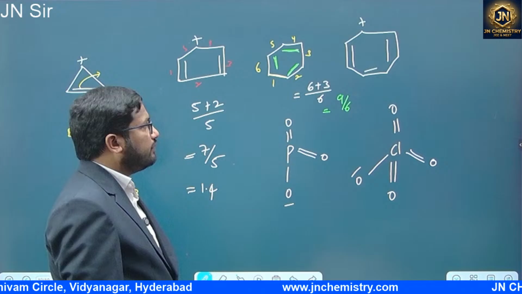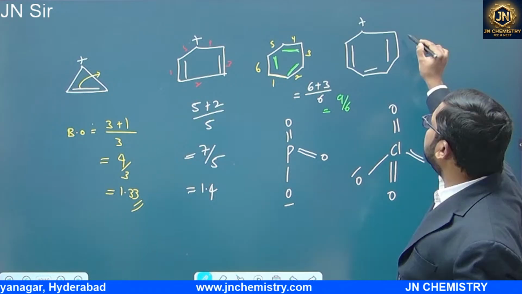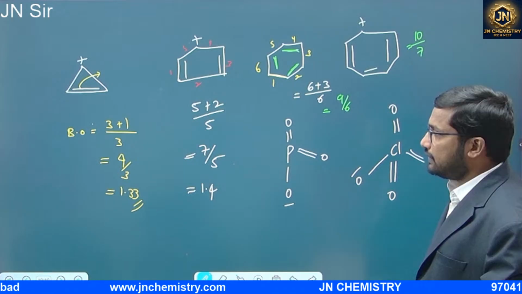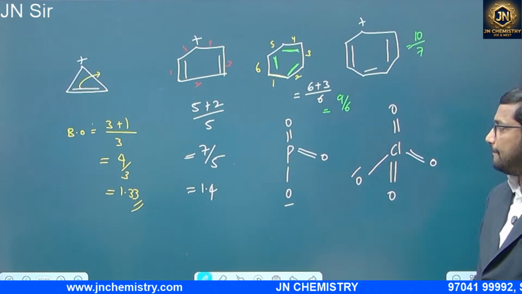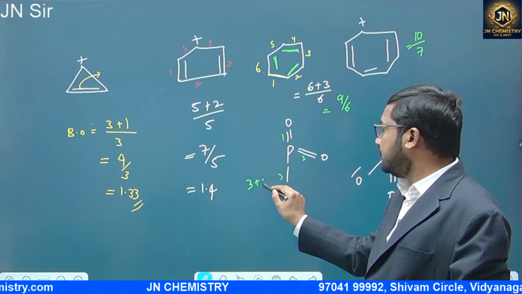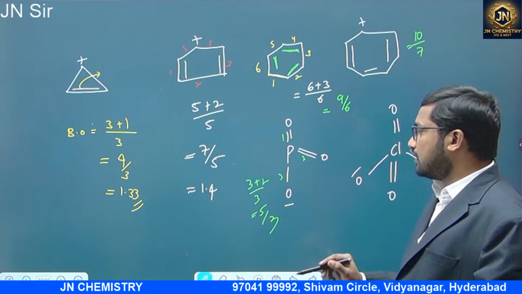That is 1.5. Here, 7 plus 3, 10 by 7, right? Yes or no? Here there is 1, 2, 3: 3 plus 2 by 3, that is 5 by 3. Yes or no?